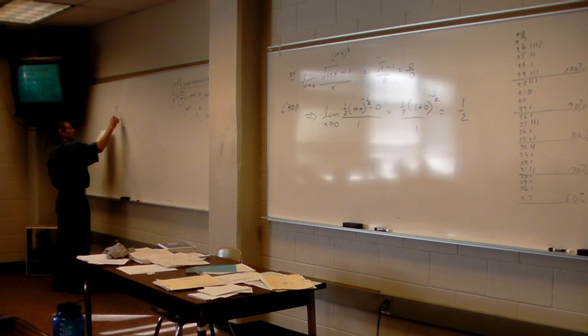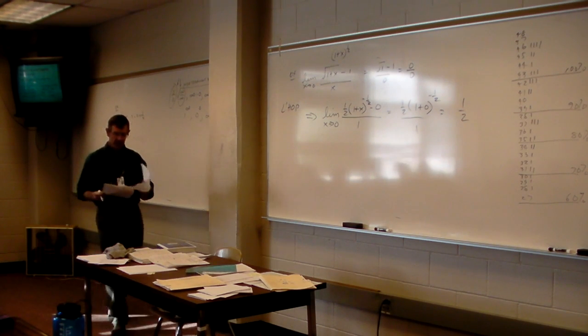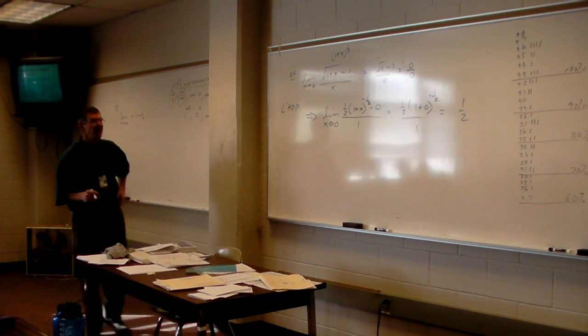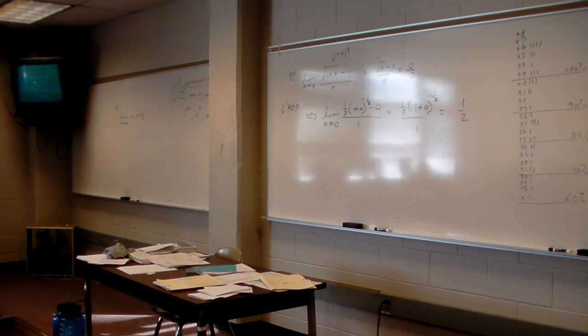So find the limit as x approaches infinity of x times the sine of 1 over x. All right, what's the first thing you do? Plug it in, see what you're dealing with.